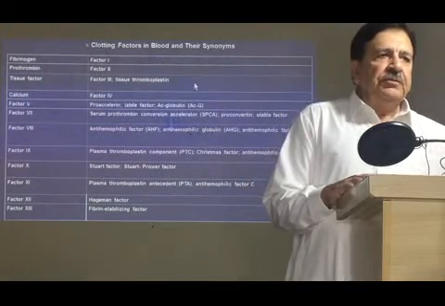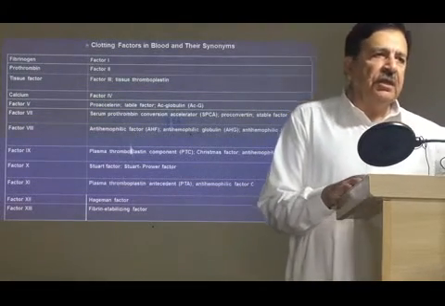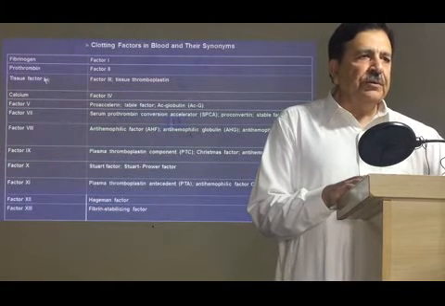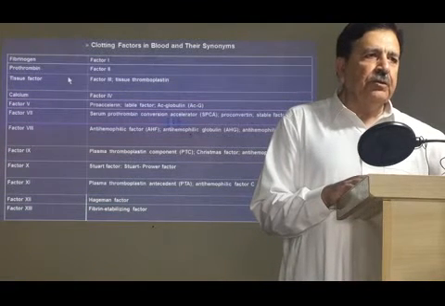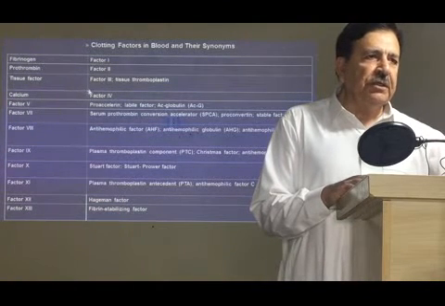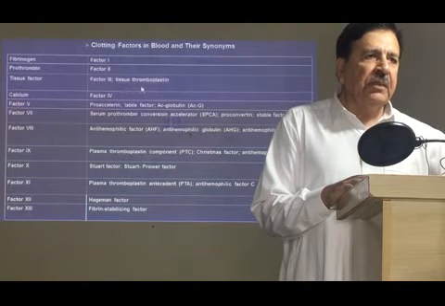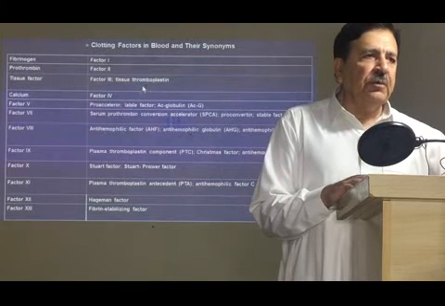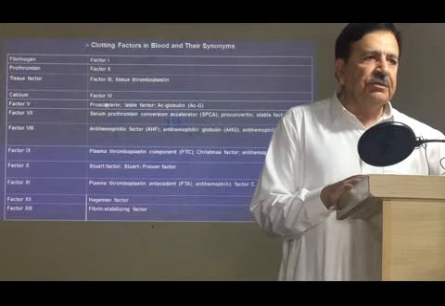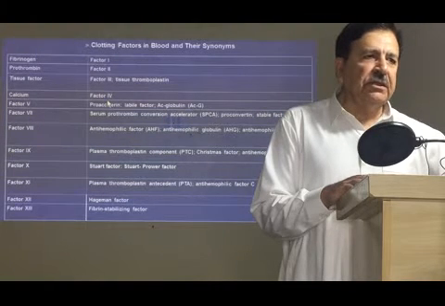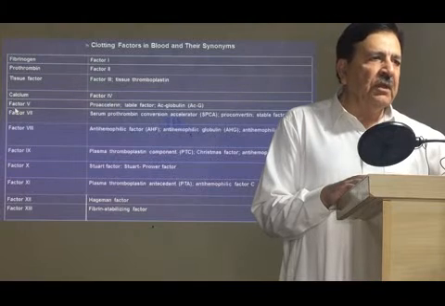So these are the factors and their names. Fibrinogen is factor 1, prothrombin is factor 2, tissue factor is also called factor 3 or tissue thromboplastin, and calcium is given the Roman numeral 4.